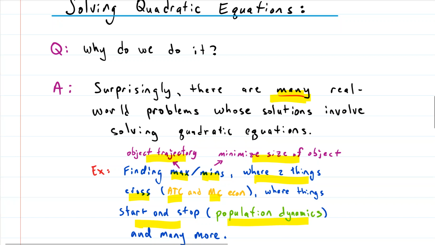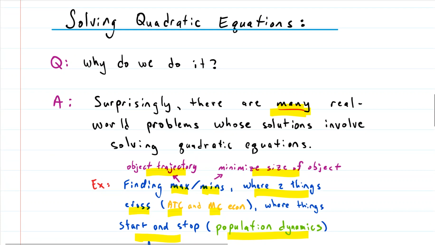If you're trying to find the optimum amount of movement through a system of stoplights, or you want to find the optimum number of different pieces of candy at a concession stand, or you're looking at population growth, there are so many applications. There are many more that I haven't even talked about, but we solve quadratic equations because there are just many applications for it.